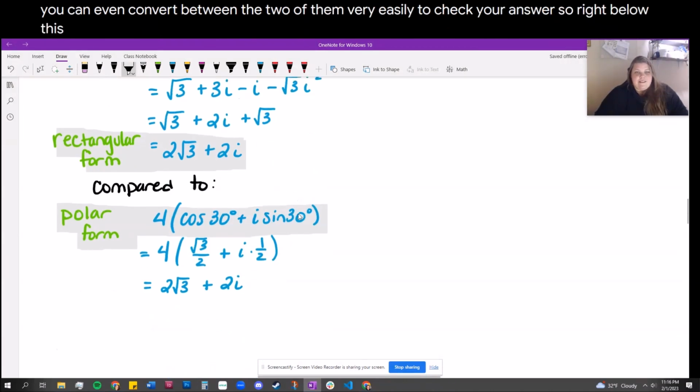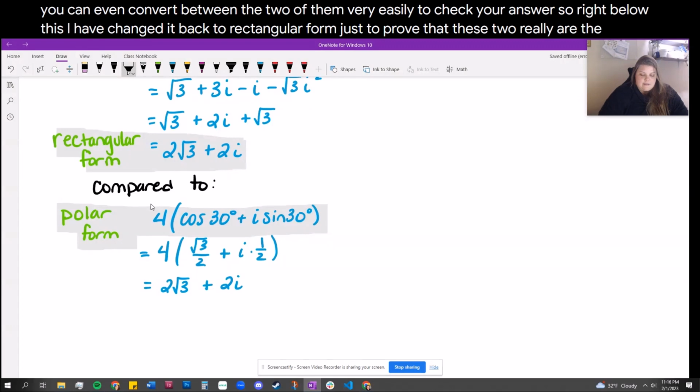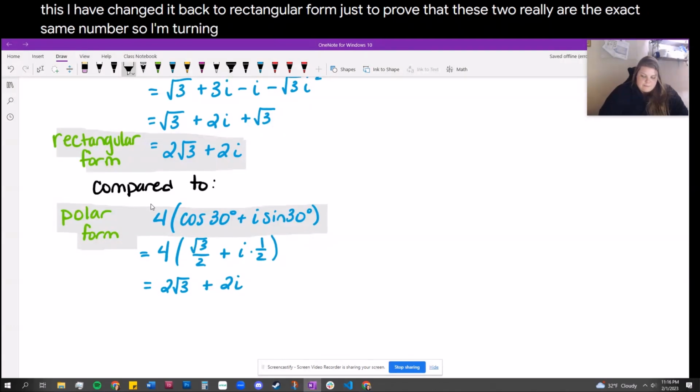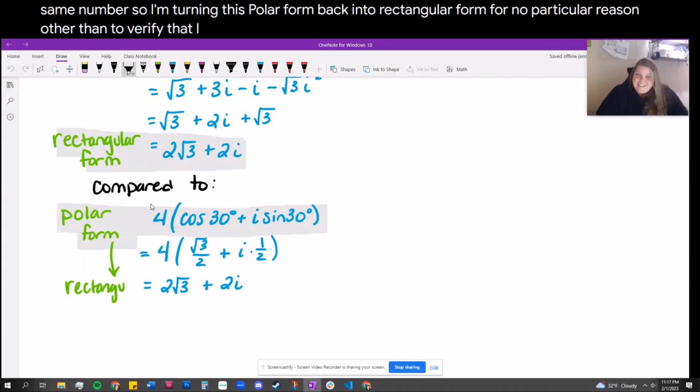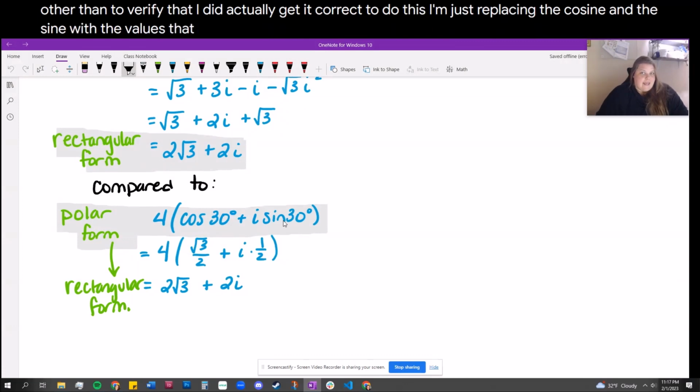So right below this, I have changed it back to rectangular form just to prove that these two really are the exact same number. So I'm turning this polar form back into rectangular form for no particular reason other than to verify that I did actually get it correct. To do this, I'm just replacing the cosine and the sine with the values that they have.